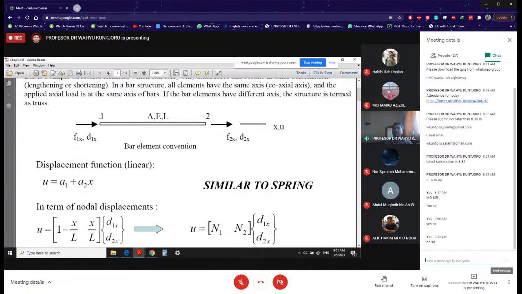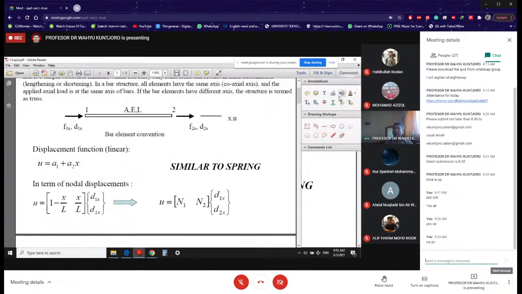At node number 1, the displacement is d1x. At node number 2, u equals d2x, the displacement at node number 2. You have your d1x and d2x. In our example just now, we are talking about d3x and d4x, and u is what we want to find out along that point there.